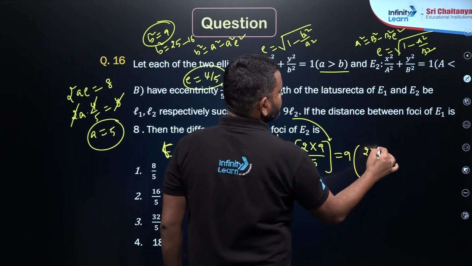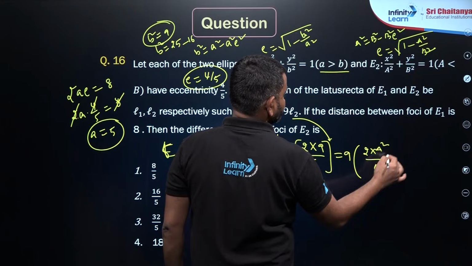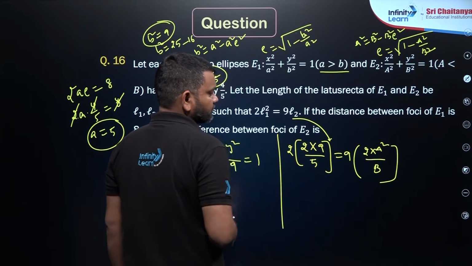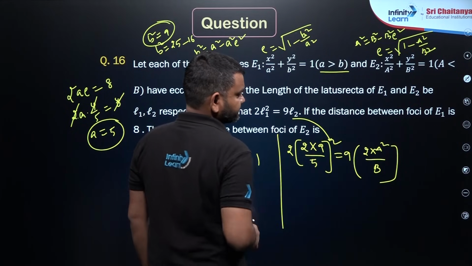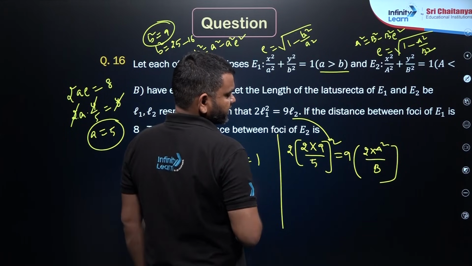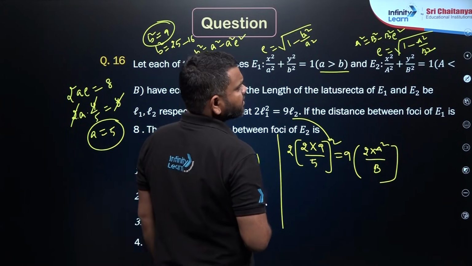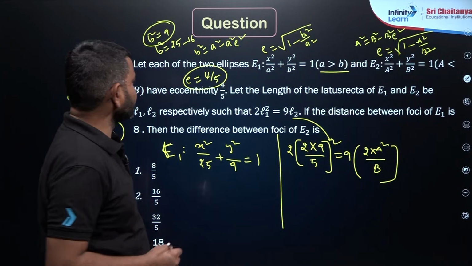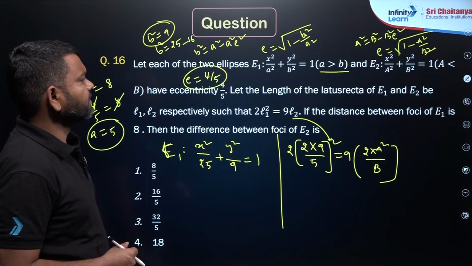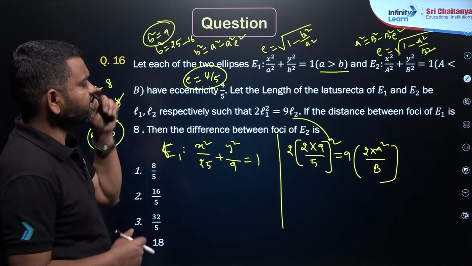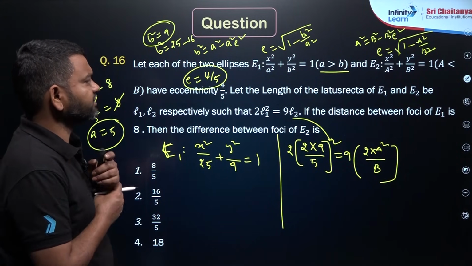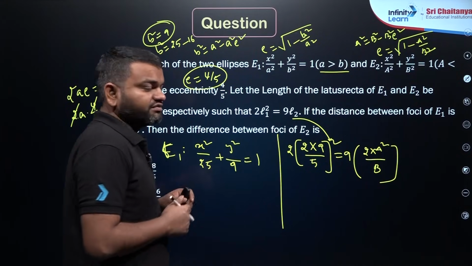So 2 into a square by b I have to write here. L1 square is also there. Now what do I have? Any other data do we have here? They gave a square is equal to b square minus b square e square. Okay, if we need, we will use it.